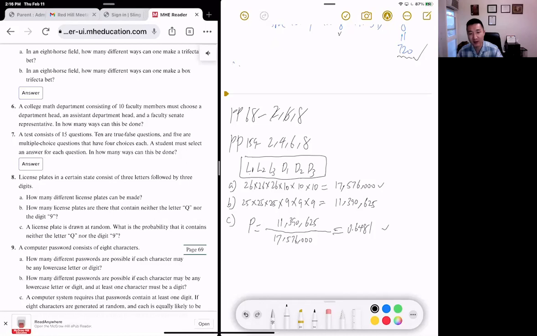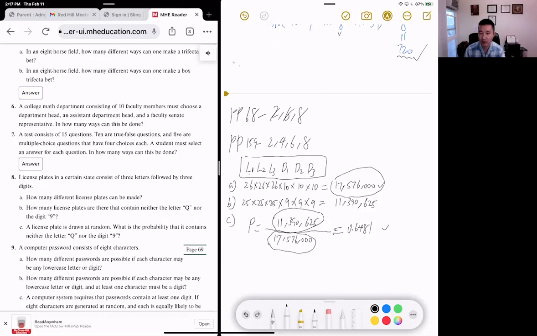From part A, we know the total number of choices for all license plates is about 17 million. And we have 11,390,625 choices for a license plate with neither Q nor 9.